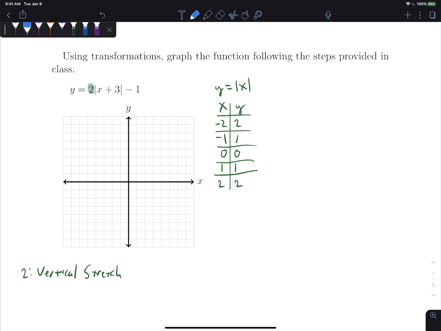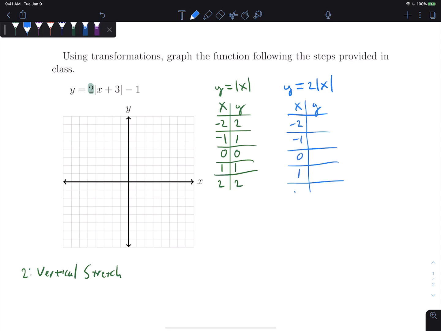Now, what does that mean? That means that we can create a table for y equals 2 times the absolute value of x. And if it's outside the absolute value or parentheses or anything like that, then it's going to affect the y value. That means that the x values do not change. And if it's on the outside, you do what it says.